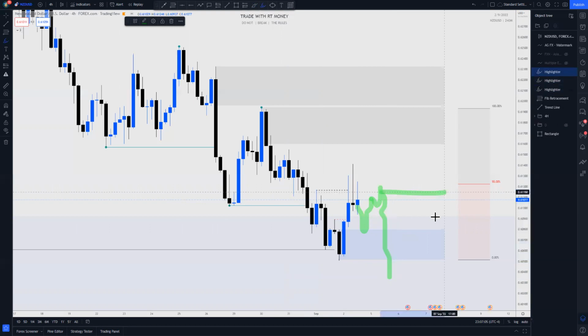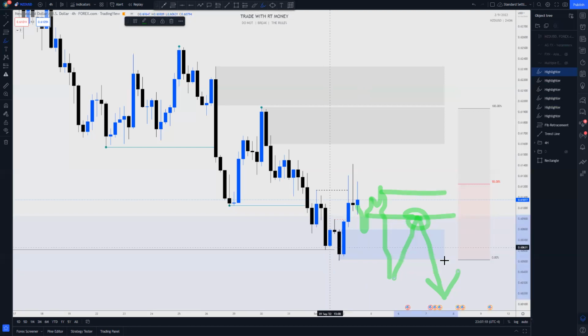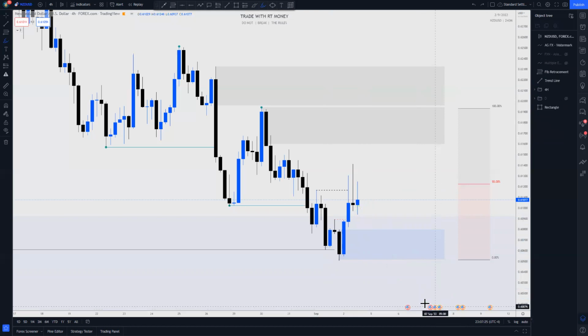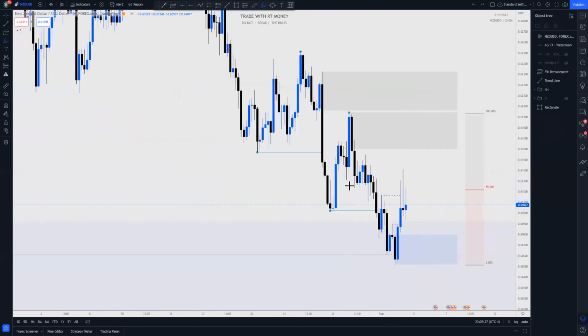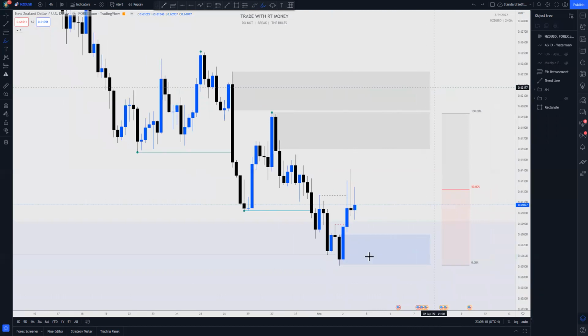The supply zone that is left up here, I'm waiting for price to come back up here so I can take a high probability pro-trend trade to the downside. You understand? All right. I need to see demand fail before I can take shorts. The same way I need to see supply zones fail, boom, before I can take longs. I'm looking for the flip zones. Okay. So that's it. That's it.